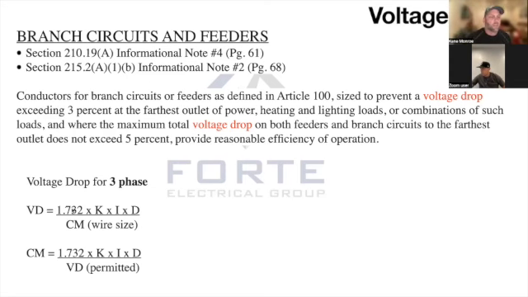It'll be the same scenario. They'll ask you for the voltage drop on a 3-phase system with aluminum wire, I don't know, 60 amps at 200 feet. So you plug all that stuff in and find the answer to your question.